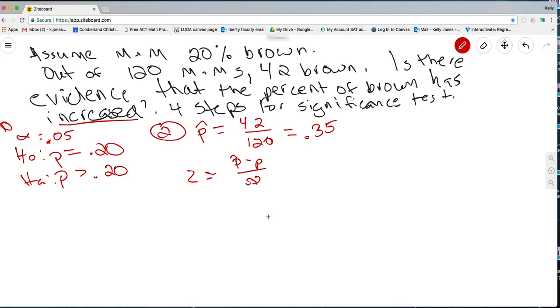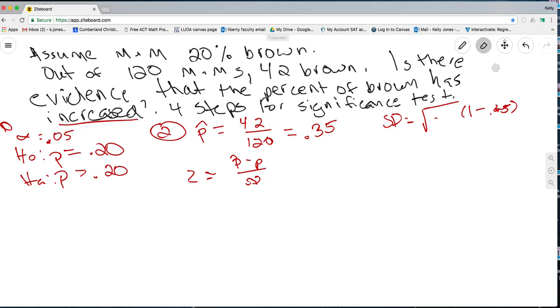Okay, so we have to calculate the standard deviation first, and standard deviation is going to be this 0.35, 1 minus 0.35, no, we don't use 0.35, sorry, I lied.